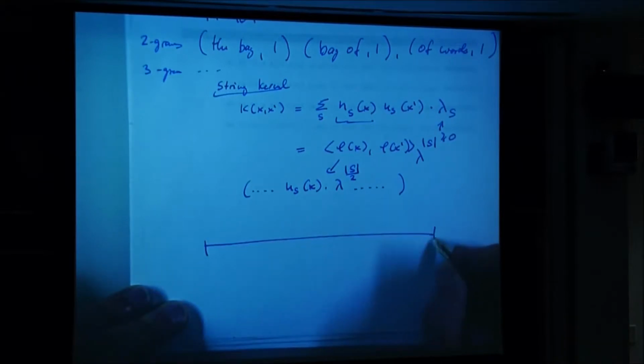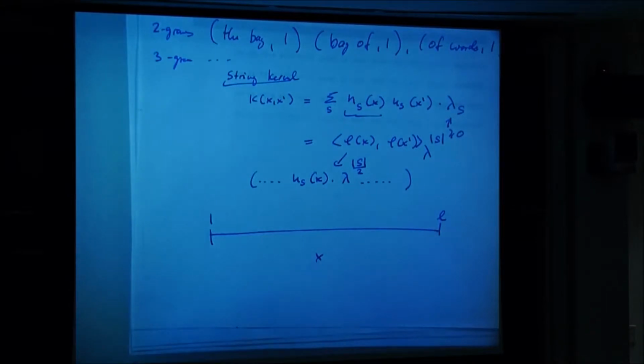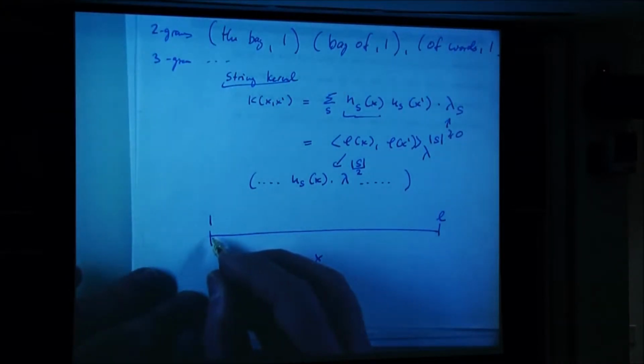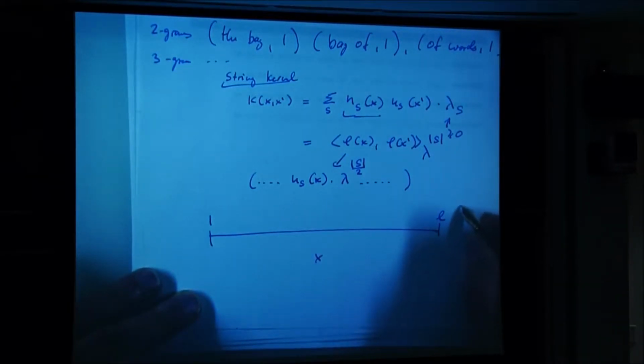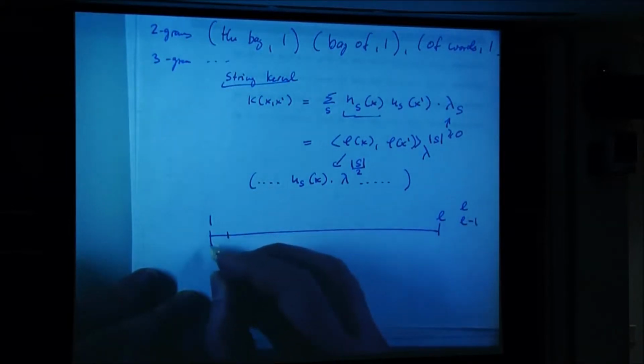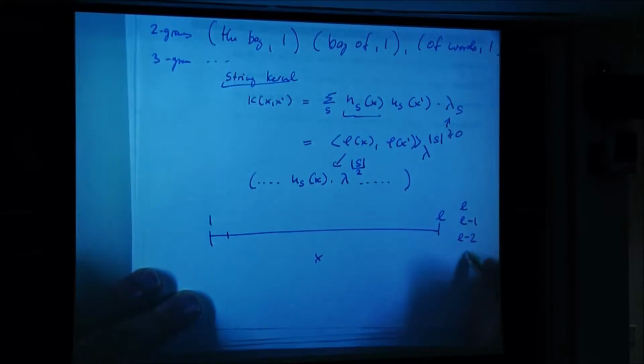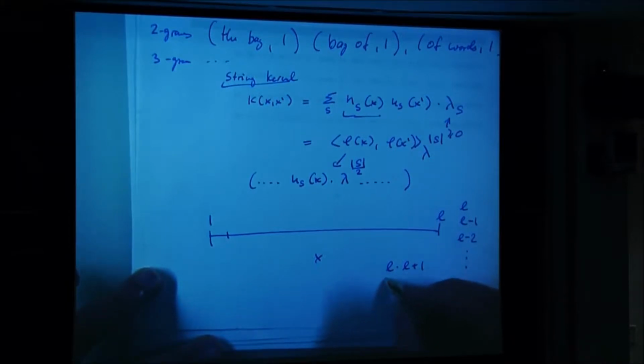Okay, so this is x, and it goes from position 1 to position L. Now, if I was to consider only unigrams, basically single characters, I would have a cost of, there are only L positions that I need to look at. For bigrams, I'll need to look at L minus 1 positions, right? For trigrams, L minus 2, and so on.